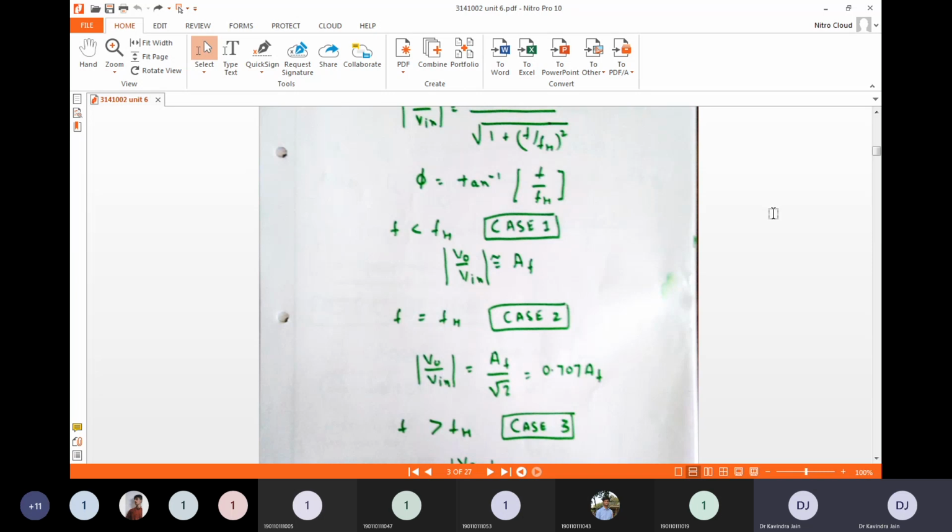And at FC, that is at FH, the gain is 0.707 AF. Correct? And once that limit is crossed, the gain starts decreasing.